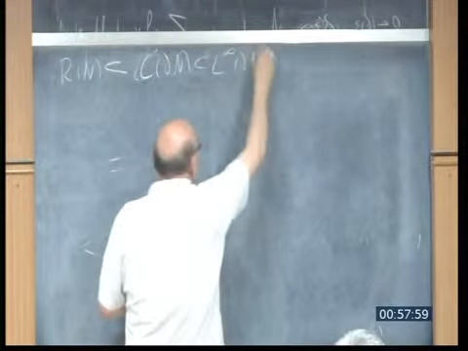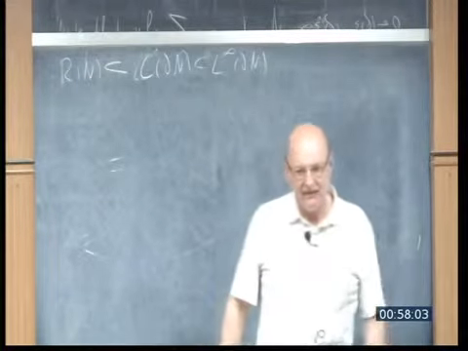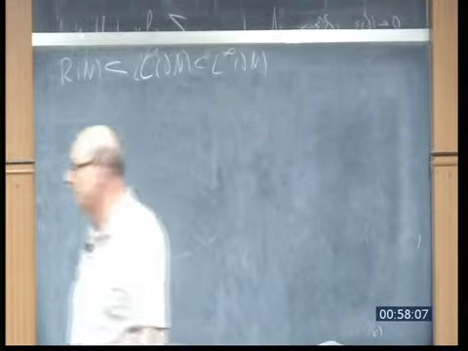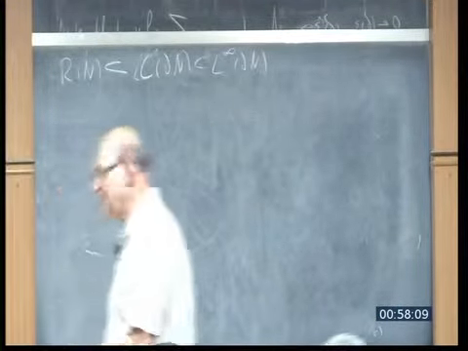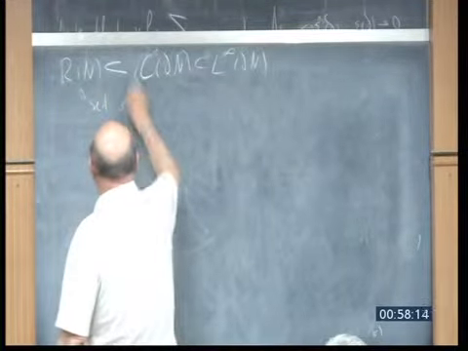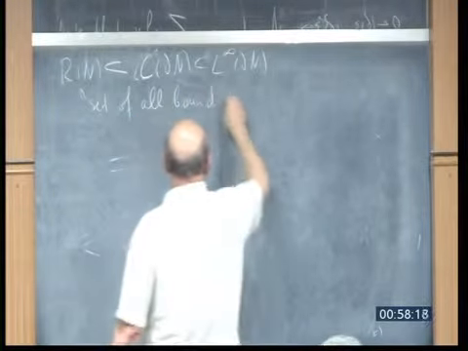So R of n is in relation to the distance functions from points to the boundary. That's what R of n is. So this is the set of all boundary distance functions.